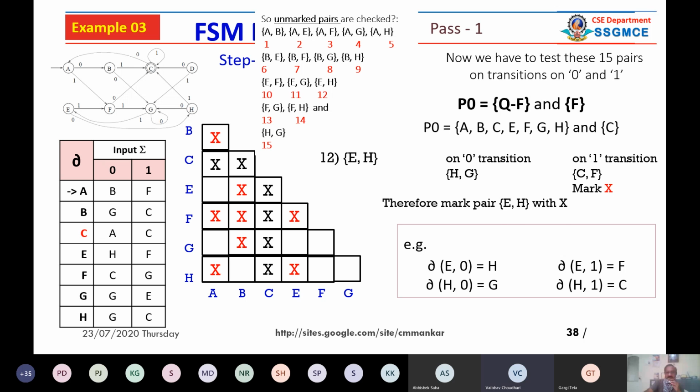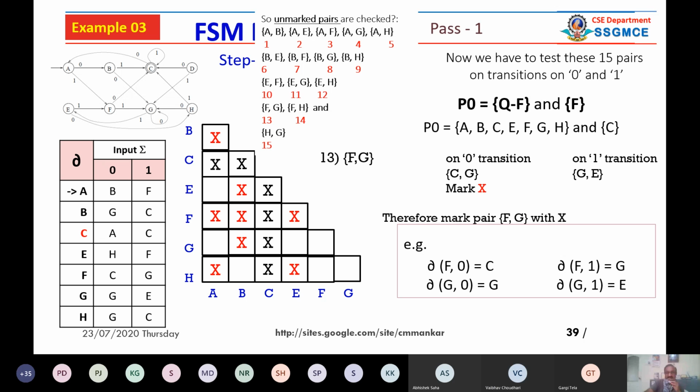Now 13th pair is a FG. तो FG क्या होता है कि on 0 it goes to CG and on 1 it goes to GE. लेकिन जीरो ट्रांजिशन पे क्या हो रहा है कि एक पार्ट राइट साइड का है और एक पार्ट लेफ्ट साइड का है पार्टीशन 0 में का. So we are ultimately marking pair number 13 as a cross like this.